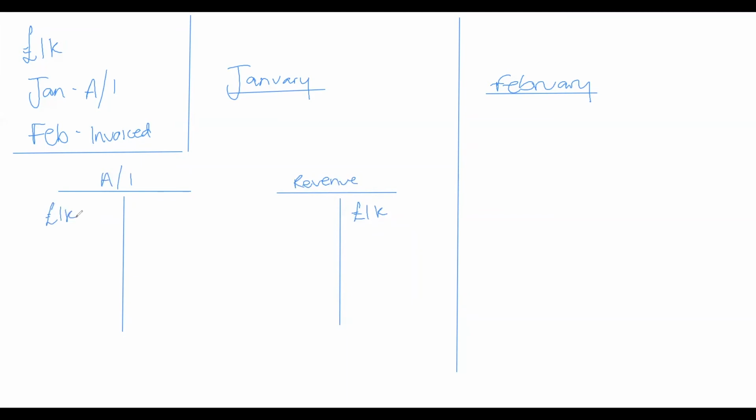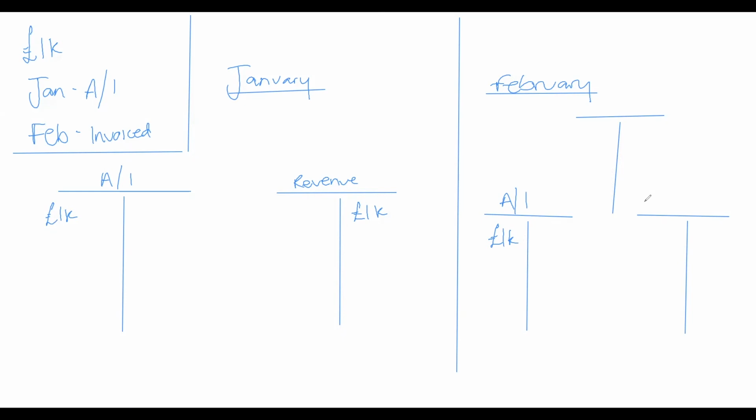So that's our January. Now moving to February, we know that we've brought forward an accrued income balance here. We will be using revenue and also our accounts receivable. So we're going to do our accrued income, which currently has a brought forward balance of £1,000. We're going to be doing the raising of our invoice.